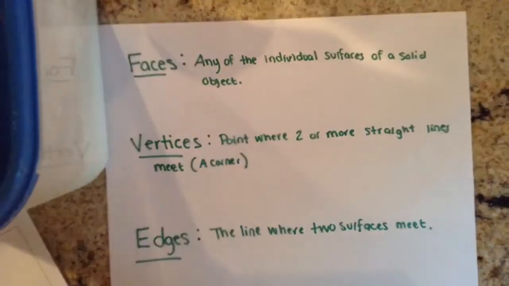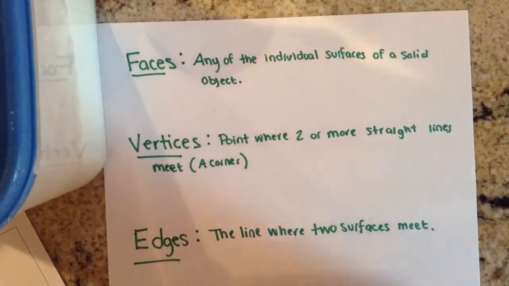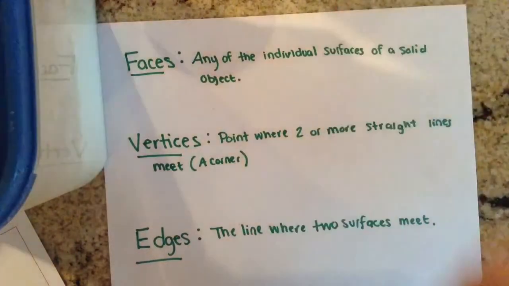So, let's look at the first one, the one that we've been working with, which is the cube. We know that a square has internal angles of 90 degrees.